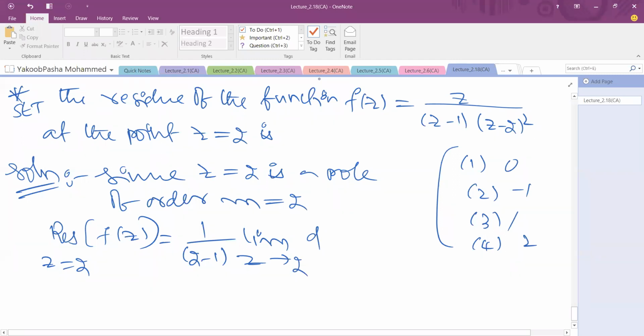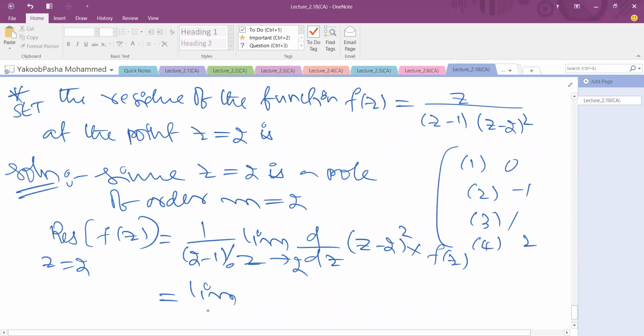d power 2 minus 1, that is d by dz of z minus 2 whole square into f of z. I'm writing it. So this is your factorial, that is, this is 1.